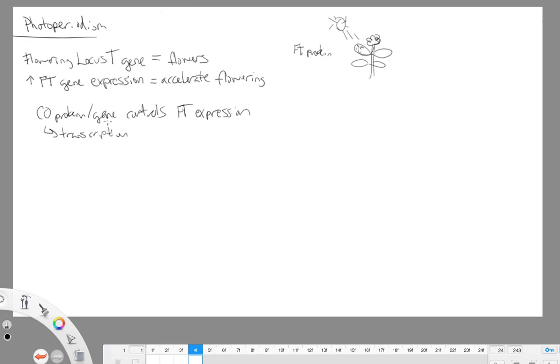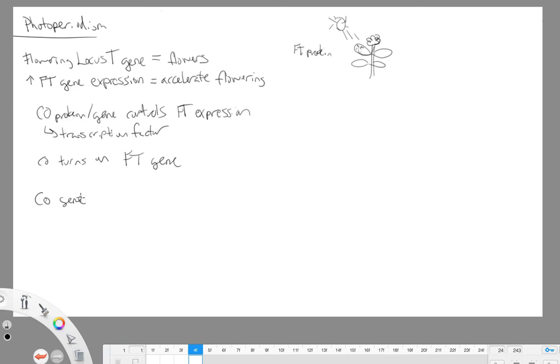It turns this FT gene on in this case, right? So CO turns on FT gene. So this CO protein turns on this FT gene. That FT gene, once it's turned on, it starts making this FT protein, and that FT protein is going to result in flowers.